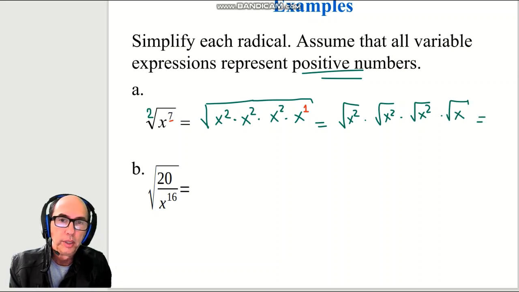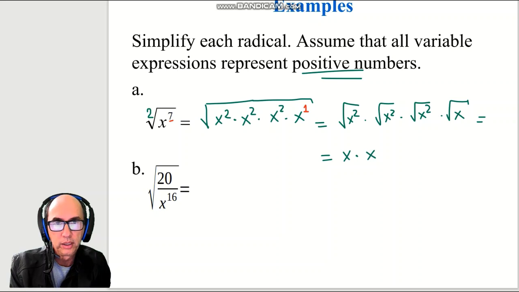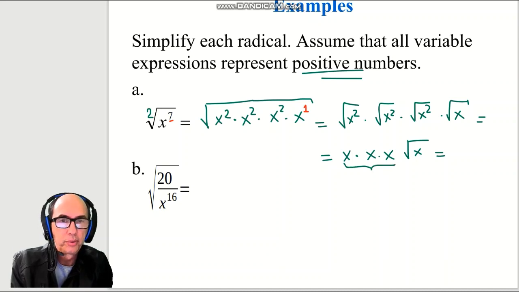That is going to be equal. I'm working here step by step, so you understand what I'm doing, okay? But when you get confidence, you can do this in one step. This is x cubed, square root of x. That's the final answer.